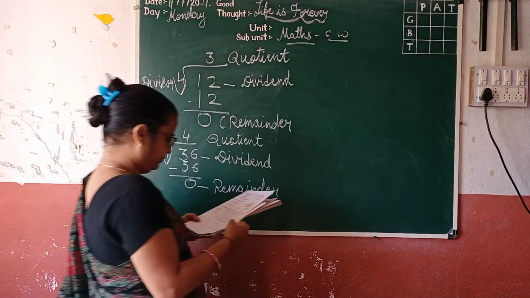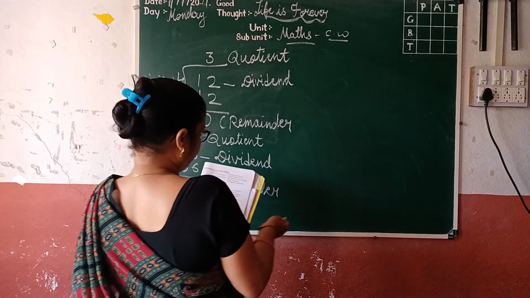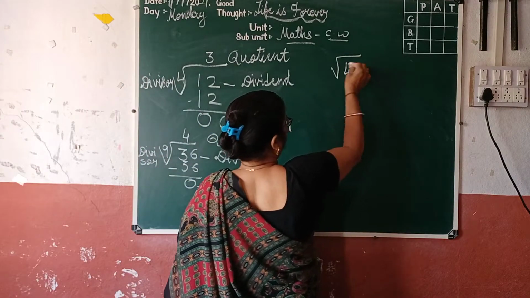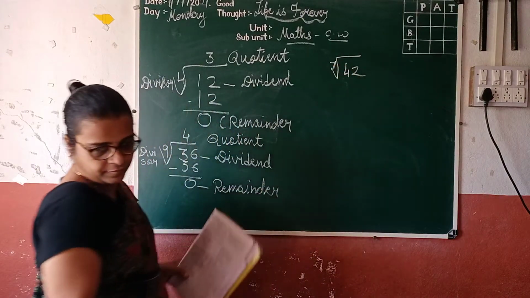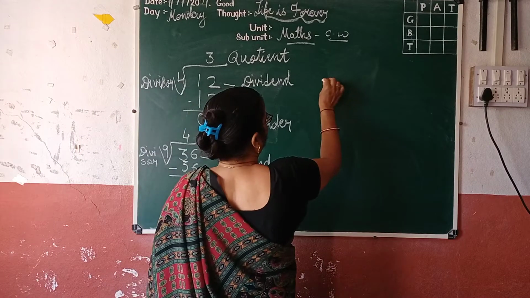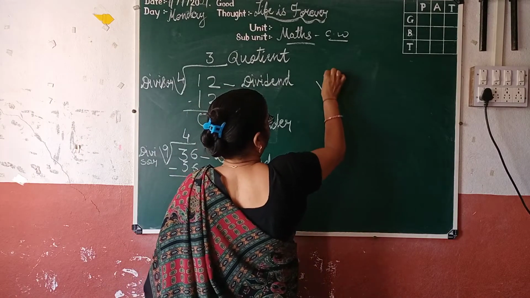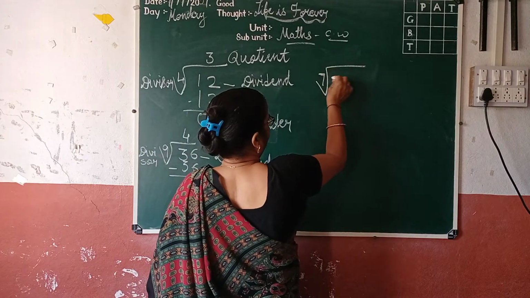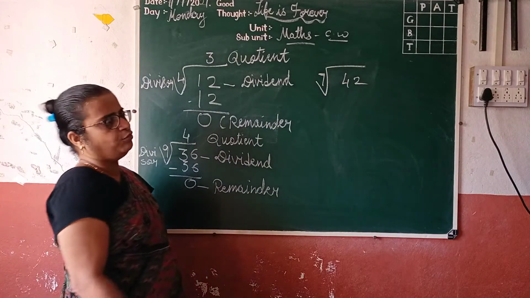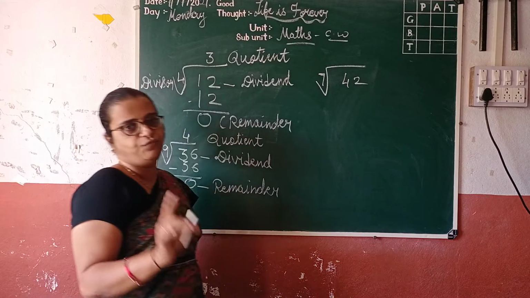Now next, this is 42 divided by 7. In which table do we get 42? You have to know the table. 7 1s are 7, 7 2s are 14.